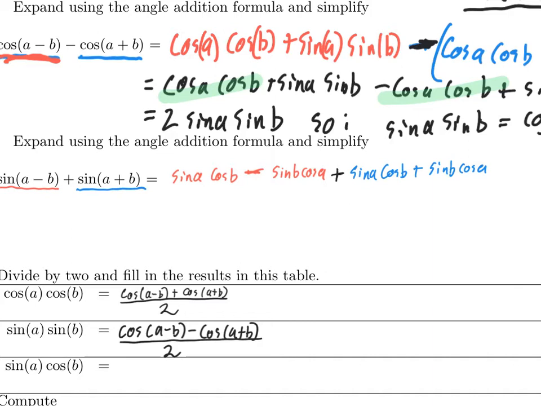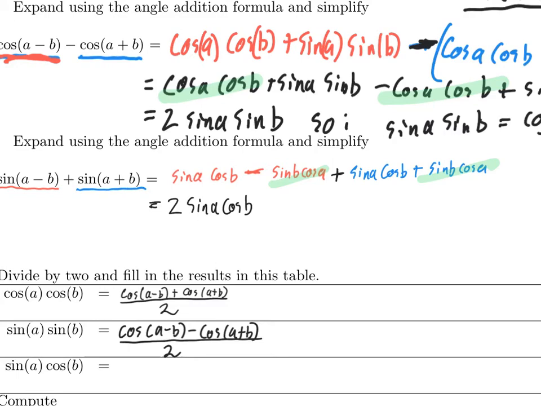So now, let's see what stacks and what cancels. I see a sine A cosine B plus sine A cosine B, so I see a total of 2 sine A cosine B's. And then for the remaining terms, sine B cosine A has a minus, and sine B cosine A has a plus, so this term cancels with that term.